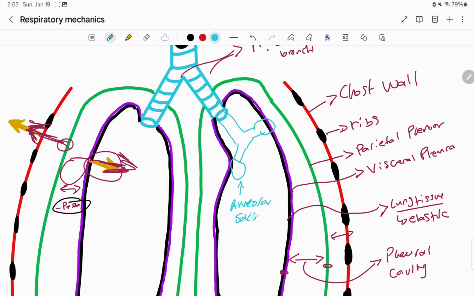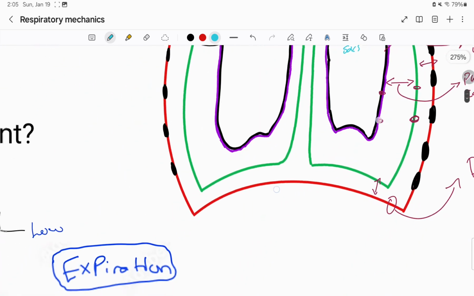For the purposes of this video, gas exchange, or respiration, occurs at the level of the alveolar sacs, or alveoli. If you're curious, it can occur somewhere a little bit above that at the respiratory zone, but we'll keep it that way.